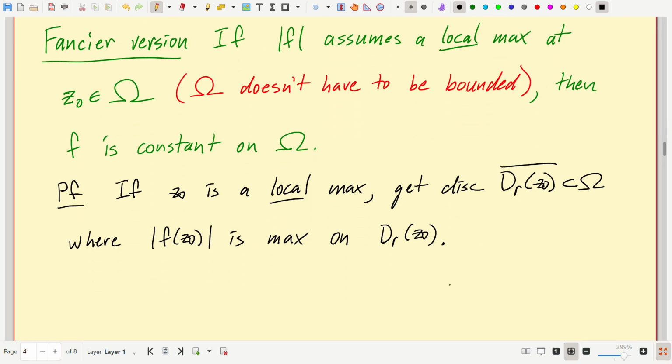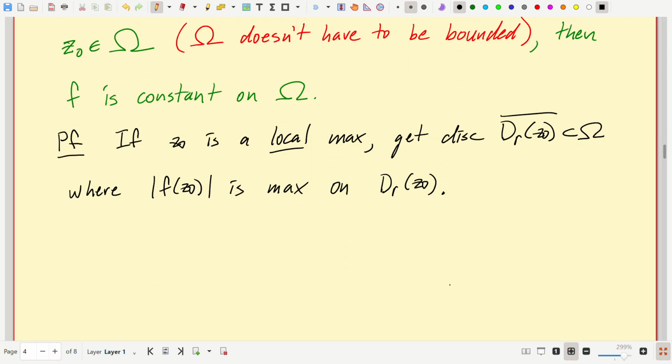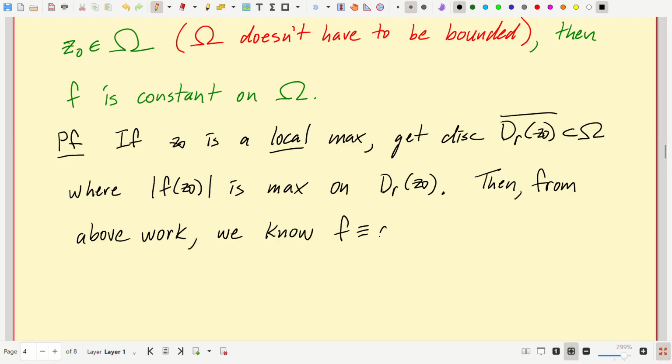Then our fact we showed is that f would be constant on that disk. Then from the above work, we know f is identically equal to a constant on at least that disk.